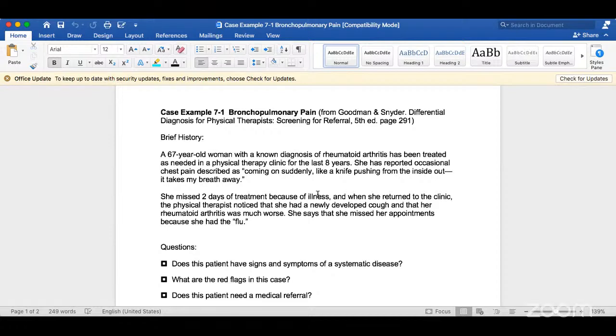You need to unmute. The red flags that I can observe here: there is a severe chest pain and there is breathlessness that is taking her breath away when she breathes. So that requires emergency. Okay.